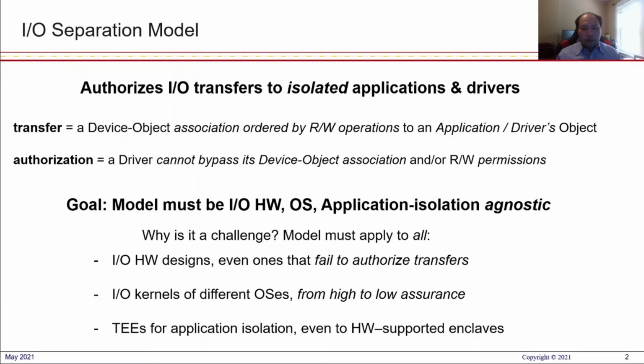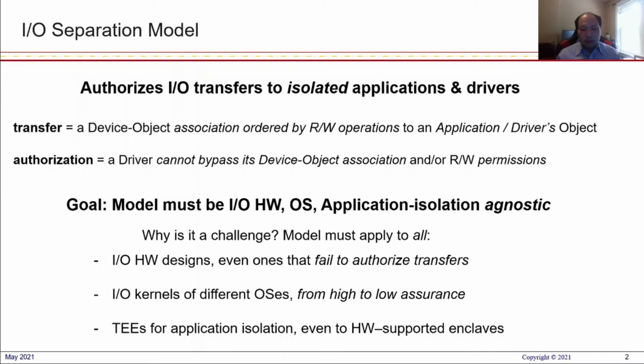To be useful, the model is to be IO hardware, OS, and application isolation agnostic. This means that it must apply to all IO hardware designs, OS kernels, and application isolation mechanisms. Why is this a challenge? As I will show next, most IO hardware fails to authorize transfers.